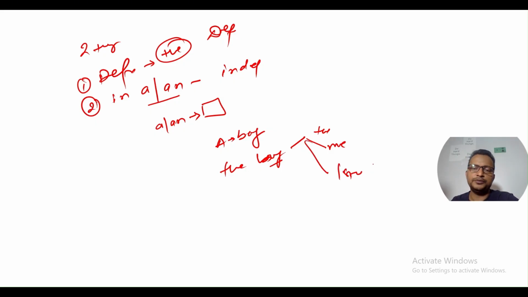If I say the boy, I would assume that boy is known to me and known to you, or we are talking about some specific object or specific noun. In that context, we use the. So for now, you need to understand a and an are indefinite articles and the is the definite article. This is the difference between the definite and indefinite article.